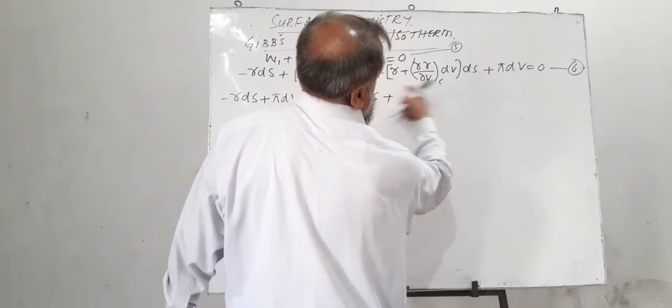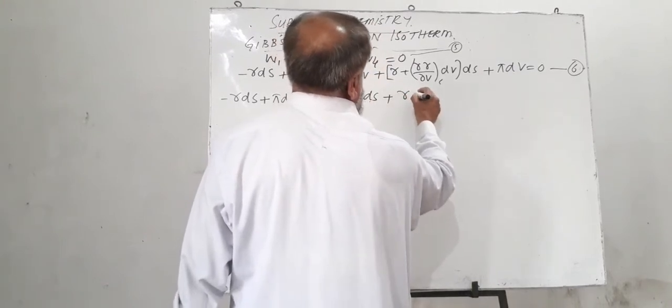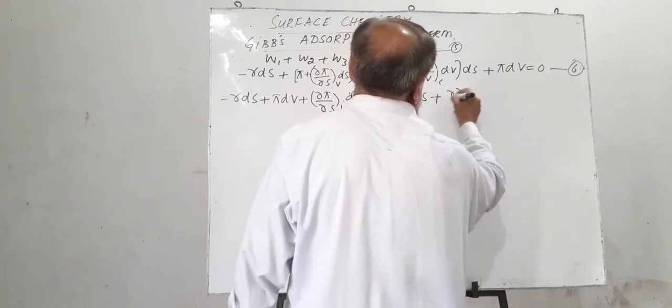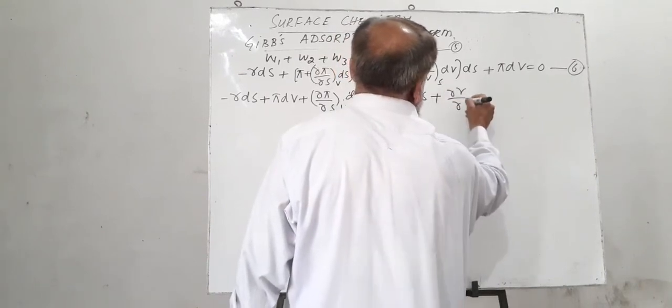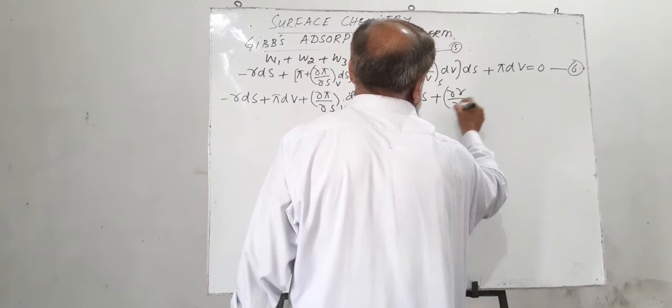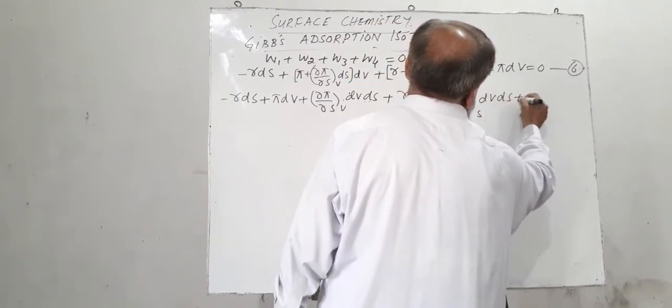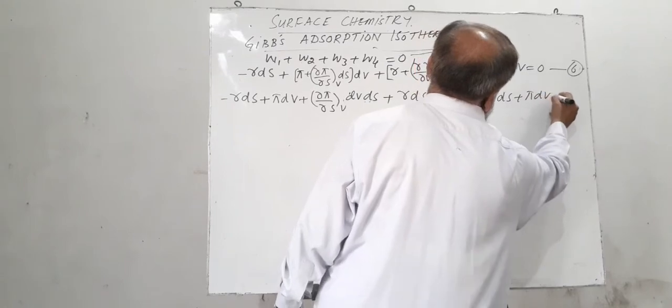Now we open this bracket and we get γ dS plus (∂γ/∂V_S) dV dS plus π dV equal to 0.